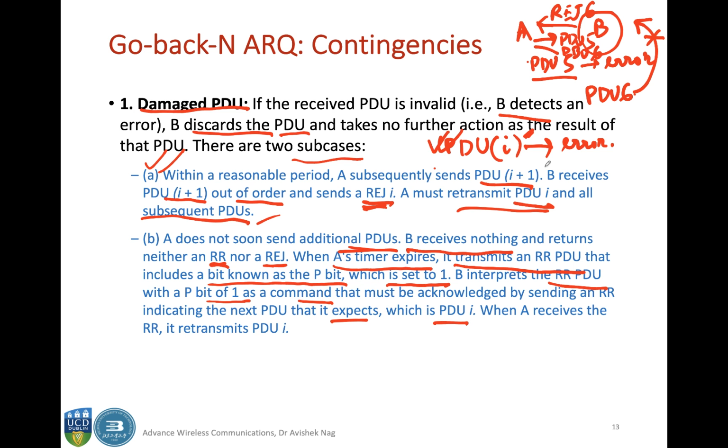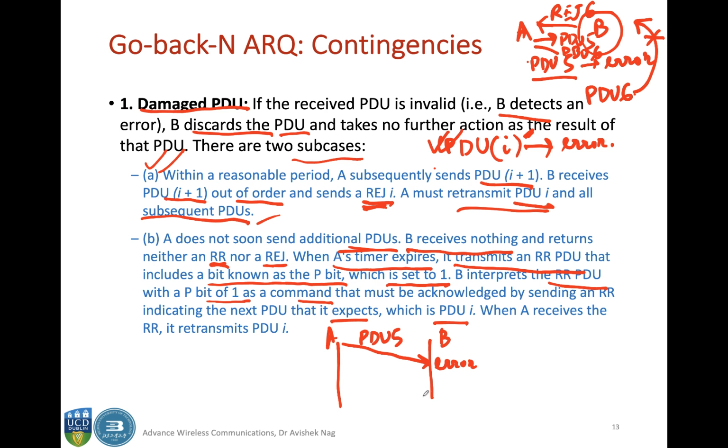So let's imagine this case again. Let's say this is A and this is B. A had sent PDU 5, and let's say PDU 5 was sent and this was in error.